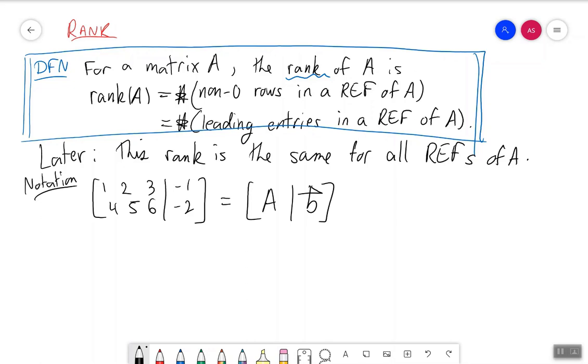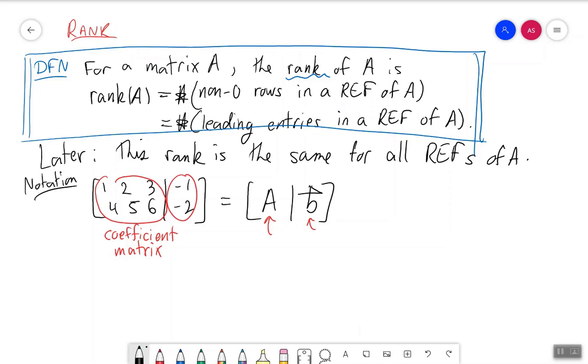So here, this A right here, that's just this matrix here. And we often call this the coefficient matrix. And then this B here, that's this guy here. There's not really a standard name. Some people call it the right-hand side vector, but I don't know if I'm going to use a specific name for it.